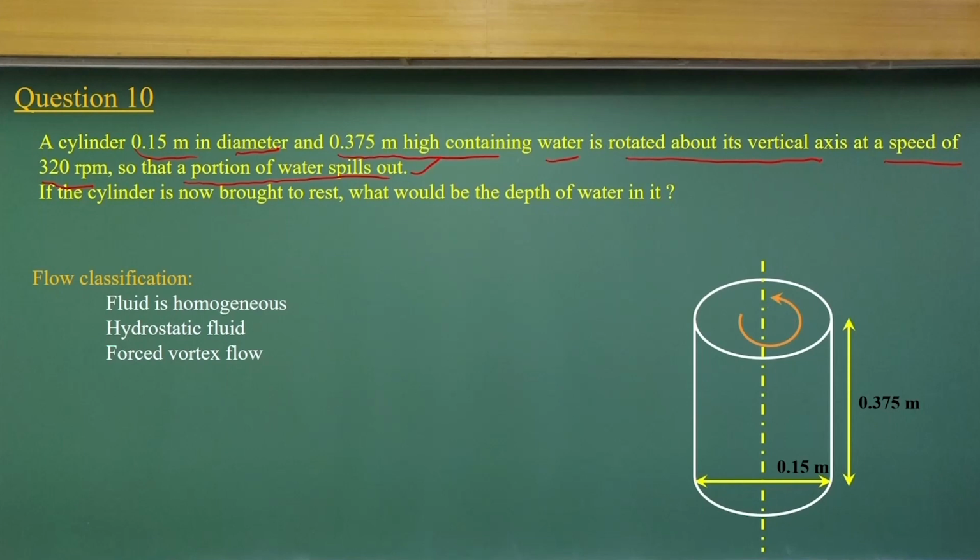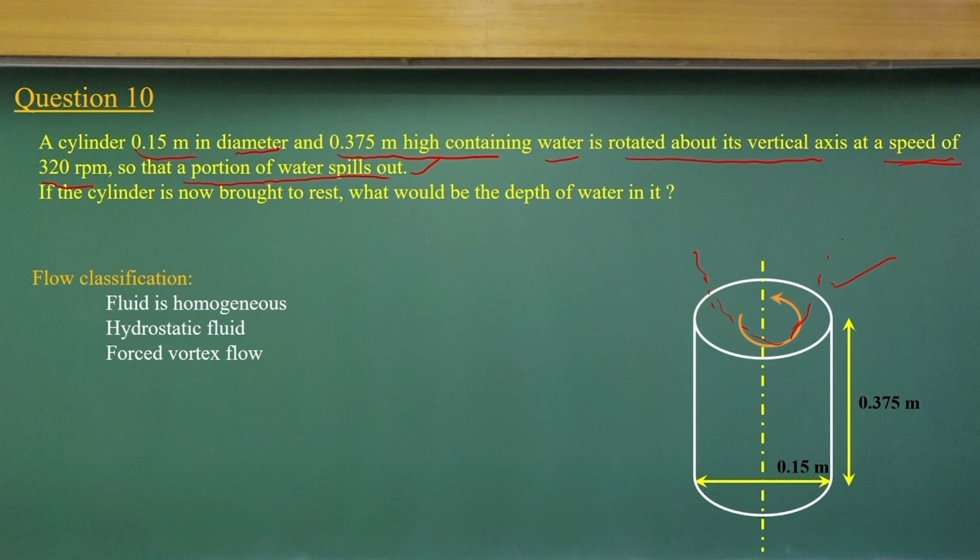If you consider a cylinder like this and start rotating with a uniform speed of 320 rotations per minute, it will create a free surface profile like this, so the water will spill.